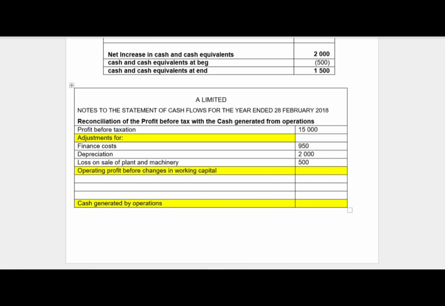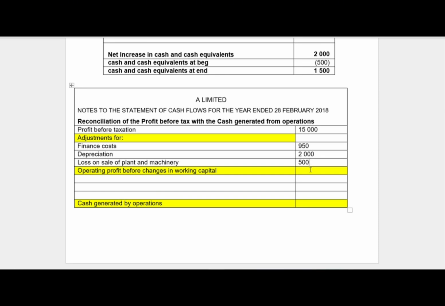So now we are done with this. All right, so for adjustment for non-cash items, we are done right there. So it's going to be 15,000 plus finance costs plus depreciation plus loss on sale of plant and machinery.